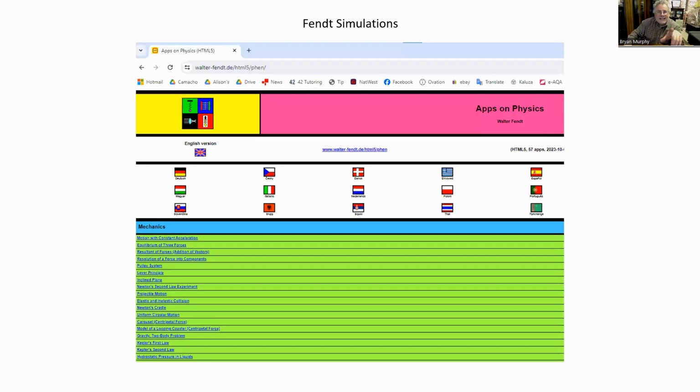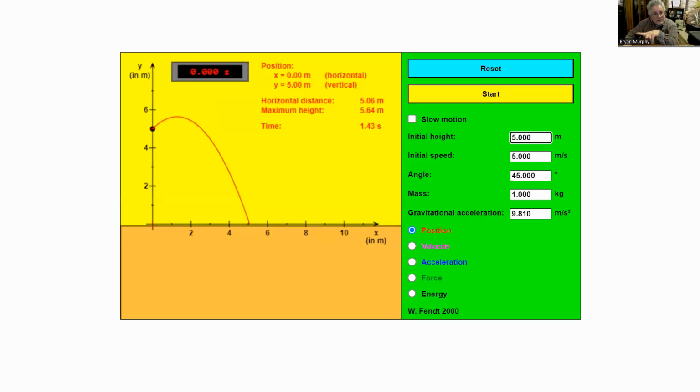Right. Let's have a look at what the trajectory actually looks like if we start throwing objects about. So I'm going to go to the PhET simulations. What we can do is start with our ball there and adjust its initial height, which is not particularly interesting, its initial speed, quite interesting, and the angle, very interesting.